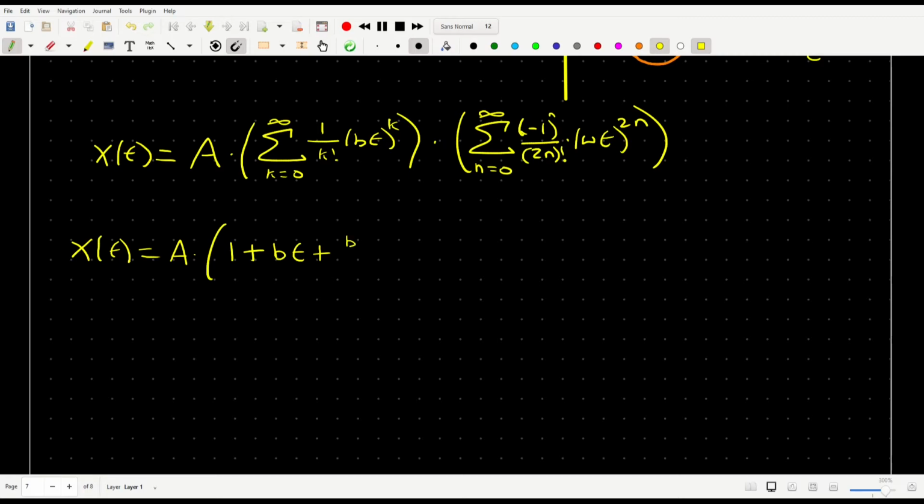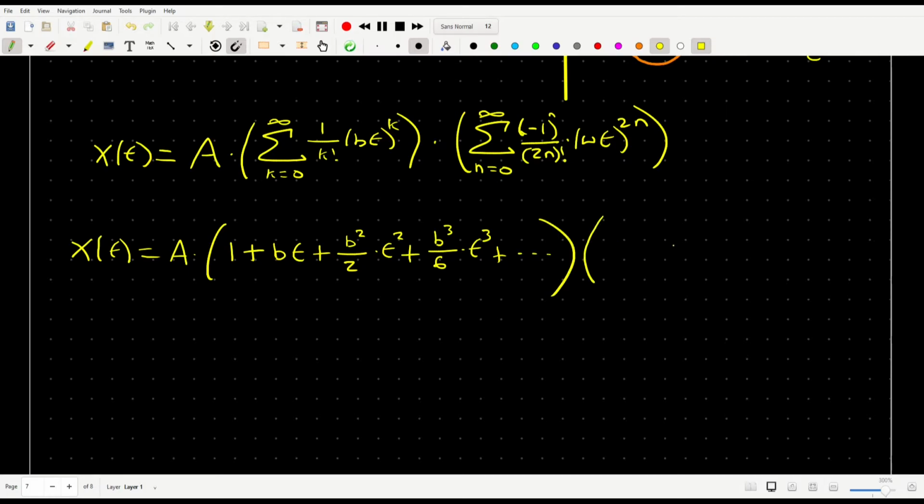So this is going to be b squared over 2 factorial, which is 2, times t squared, plus the next term, which will be b cubed over 3 factorial, which is 6, times t cubed, all the way to infinity.